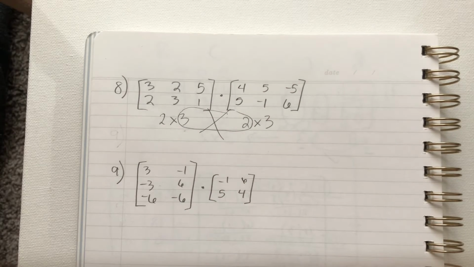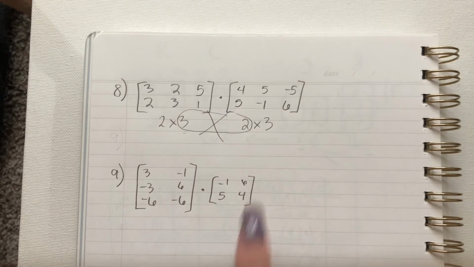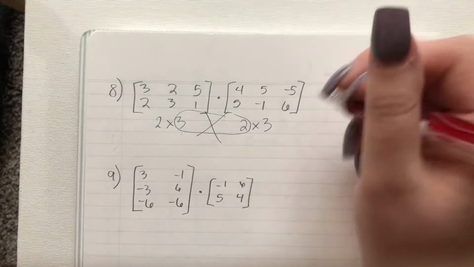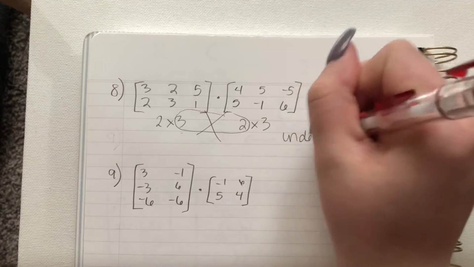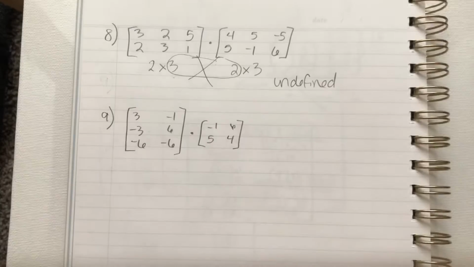They have to be exactly the same, and matrices are a set amount of elements and information. These cannot be adjusted or changed in any way to make this work, so you can just say no solution or undefined, whichever works. Then you move on to the next one.